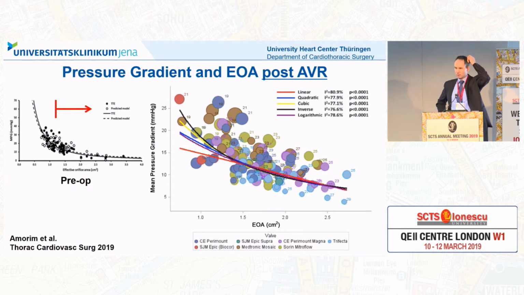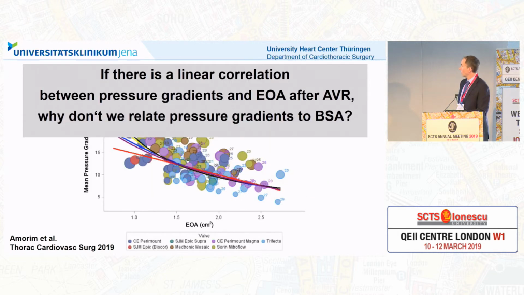Okay, so now comes the next thing. If mean pressure gradient and EOA obey after 1 centimeter square to a more or less linear, pseudo-linear, whatever you want to call it, relationship, then I would argue if there's this linear correlation between pressure gradients and EOA after AVR, why don't we relate pressure gradients to body surface area?